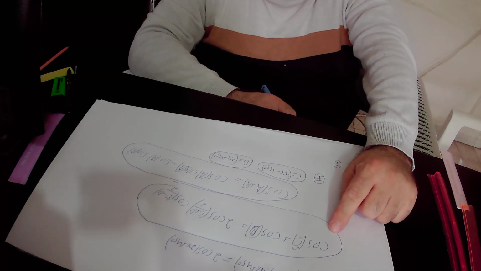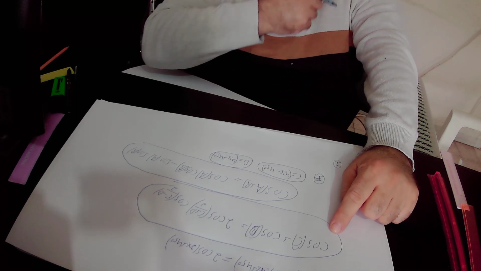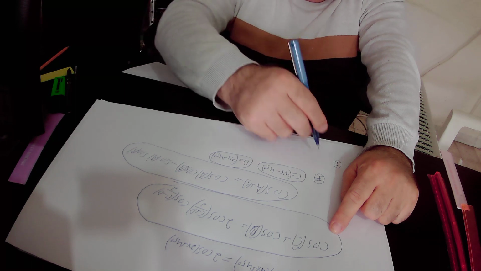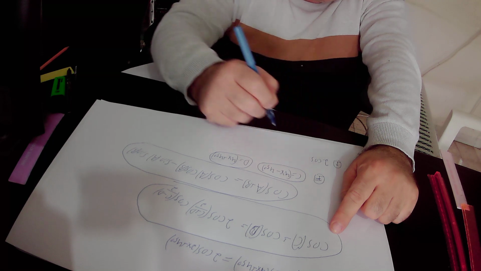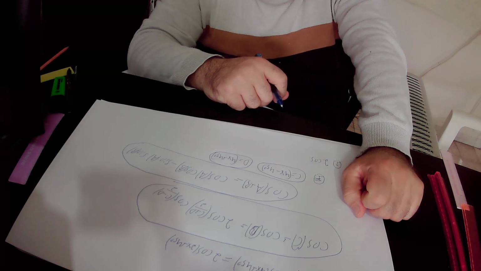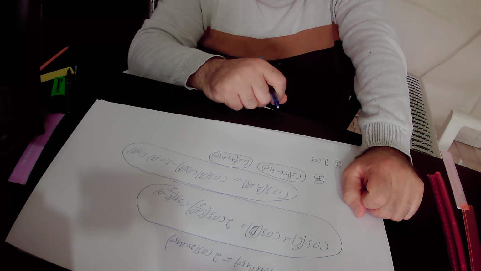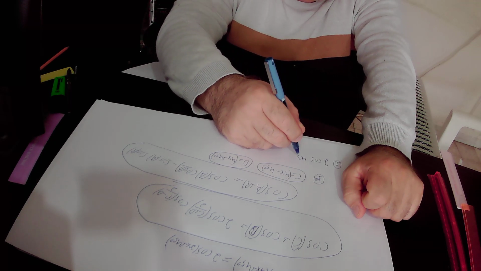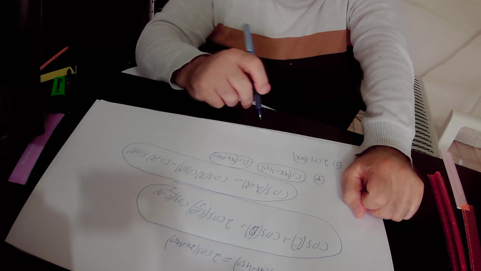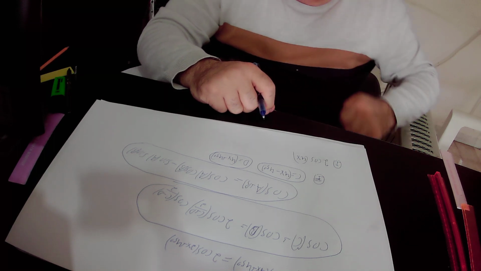According to this trigonometric identity, it will be equal to 2 cosine C plus D over 2. C plus D is 4x plus 4x, which is 8x, and 8x over 2 is 4x, and minus 45 degrees plus 45 degrees is 0.